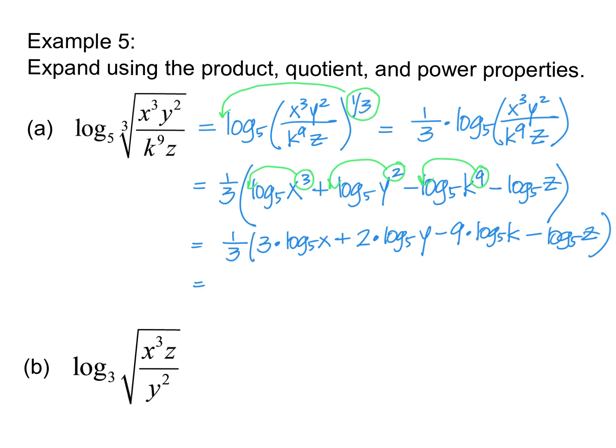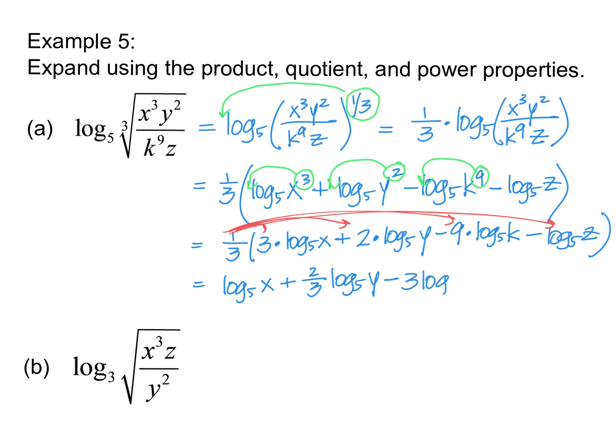Then we can distribute this 1/3 into all four terms. So our final answer is going to be 1 times log base 5 of x plus 2/3 times log base 5 of y minus 3 times log base 5 of k minus 1/3 log base 5 of z. And that's our answer.